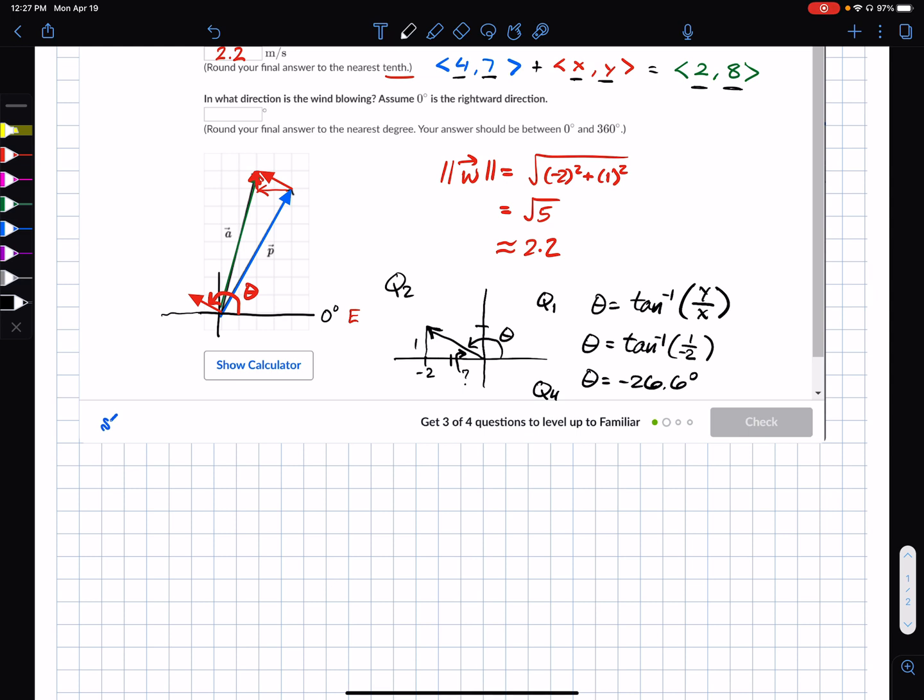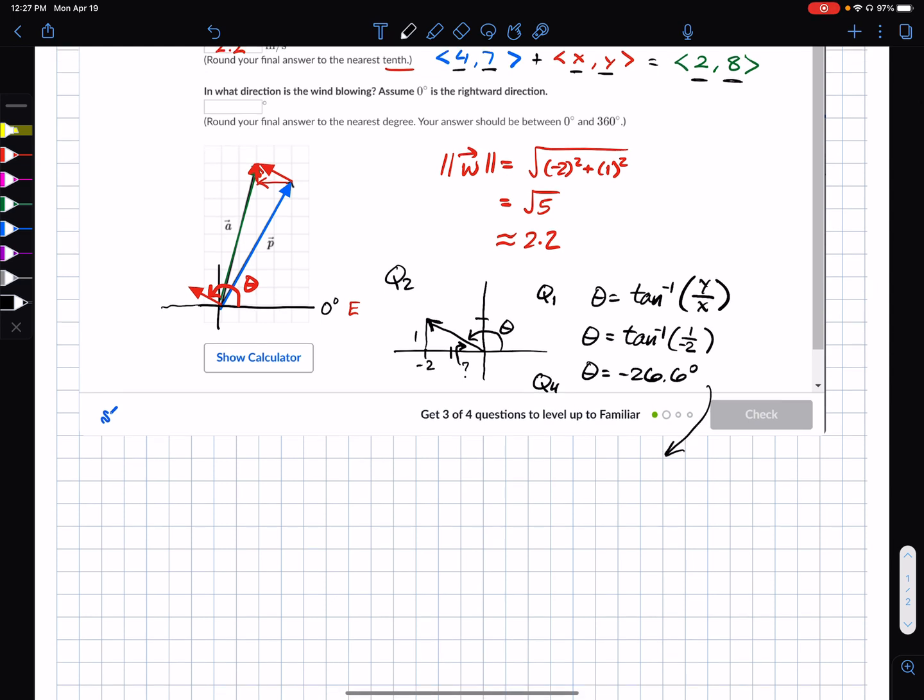Now, let it be known that that is really a fourth quadrant angle. Negative angles drop down from 0. So -26.6 is somewhere in the fourth quadrant.